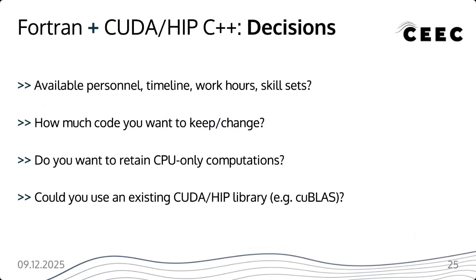Do you only want to port some very intensive routines? Do you want to keep CPU computations, right? Because CPU computations can be something that when porting to GPUs are either severely degraded or perhaps removed entirely, right? How do you want to handle that? Do you want CPU still? Do you want to just throw it away? You have to make that decision.